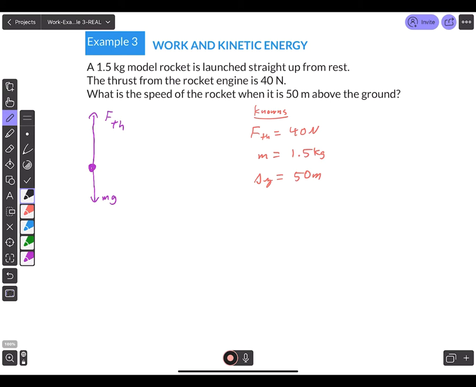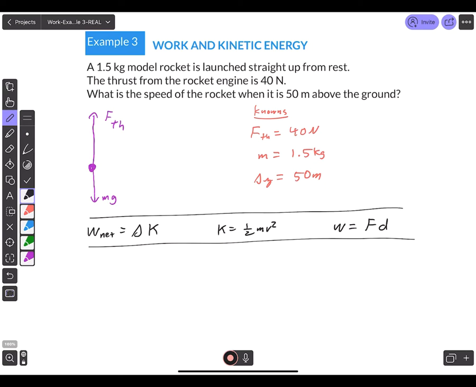Well, we're going to use the relationship that net work is equal to the change in kinetic energy. We're going to use that to find the final speed of the rocket, assuming it starts from rest, so we can find K final. And we need to remember that the kinetic energy is 1/2 mv squared, and that the work done by a force over a distance, this might come in handy, is force times the distance traveled. So these are the equations that we're going to need.